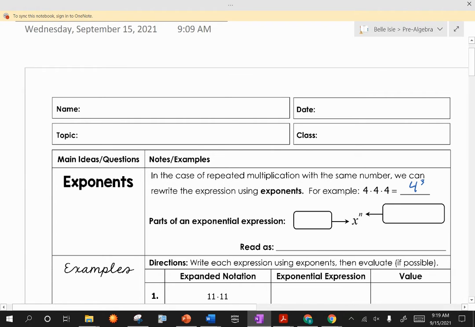Okay, so parts of an exponential expression. You have the base right here, which is your kind of main integer, the number that we're going to be adjusting. And what do we call the little n?